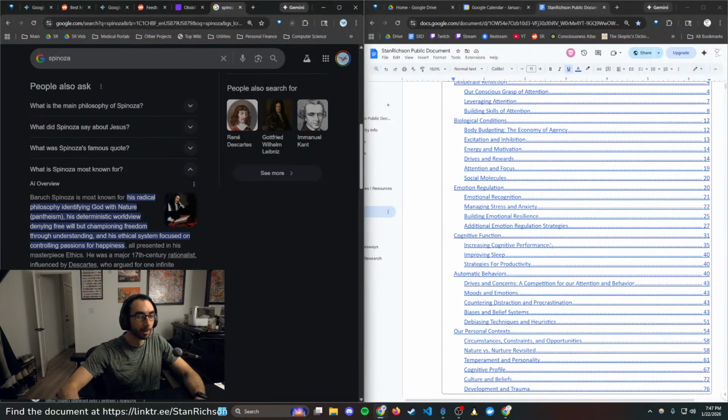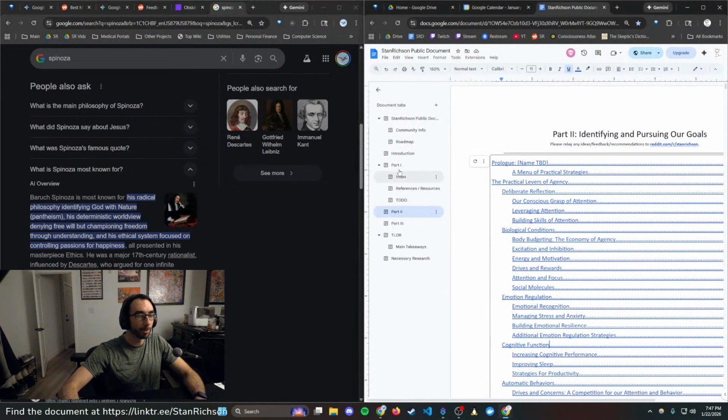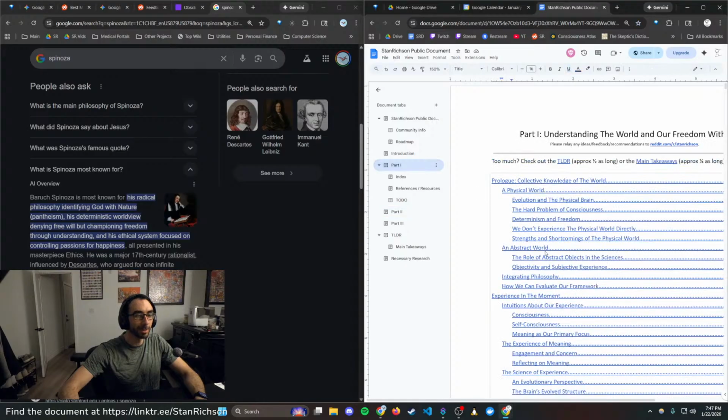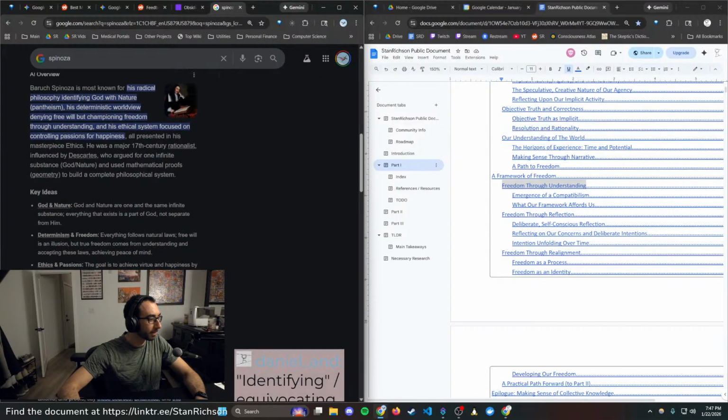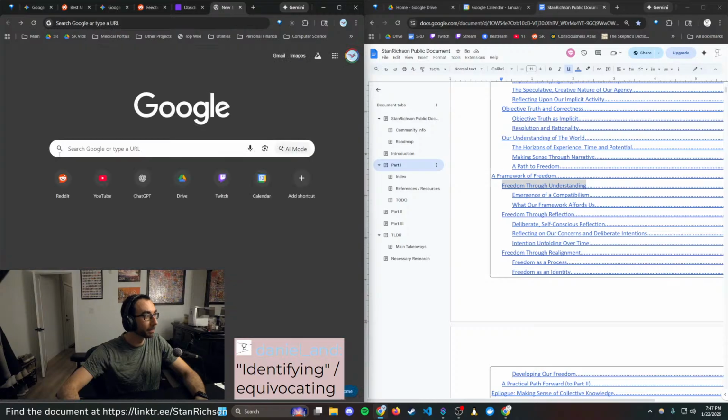Sound familiar? Oh, I'm not even on part one, but do I literally say that? Freedom through understanding. There we go. And his ethical system focused on controlling passions for happiness, all presented in his masterpiece, Ethics. Yikes. Maybe we got to read Spinoza at some point.